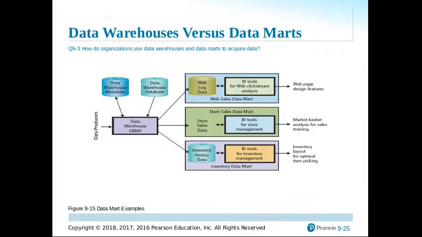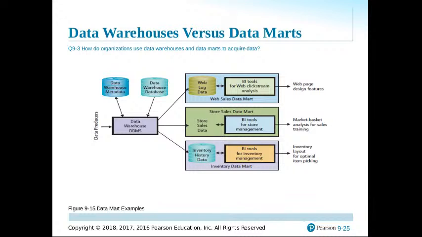But sometimes we need to do BI for a specific department, for example sales and marketing, or the inventory department.